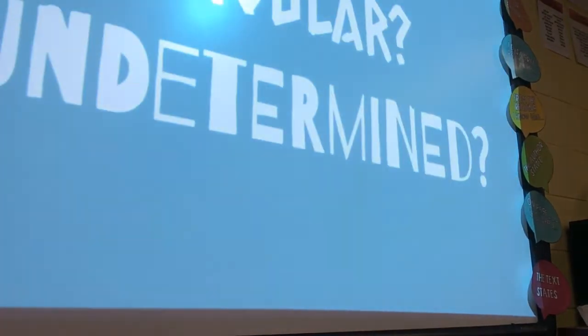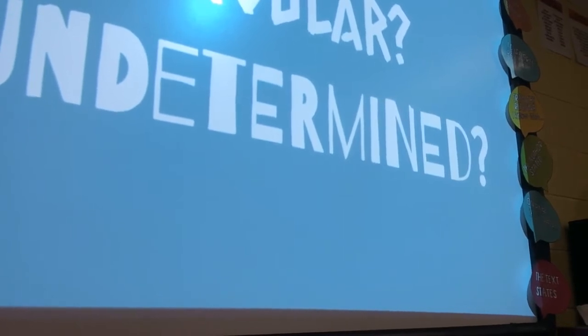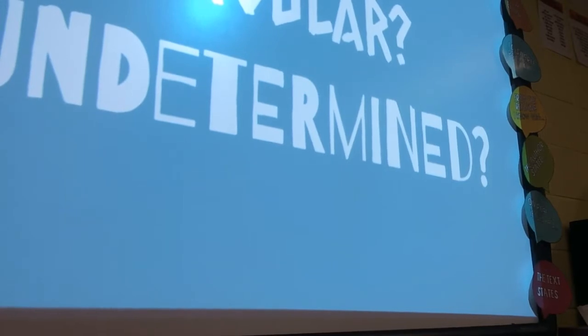Now, that brings me to this question from chapter 6. When Percy goes into the Hermes cabin, someone asks, regular or undetermined, and Percy doesn't know how to answer. Annabeth answers for him, and she says undetermined.